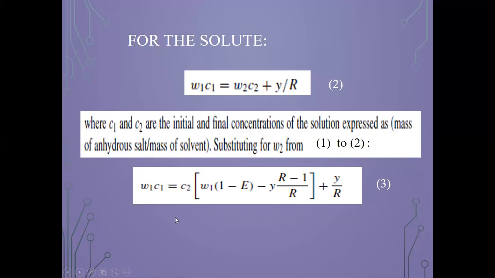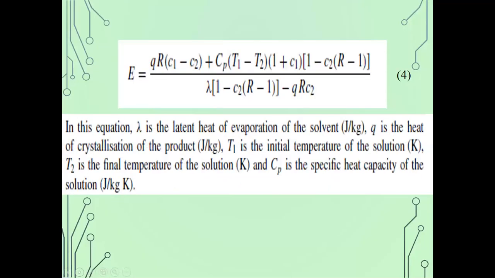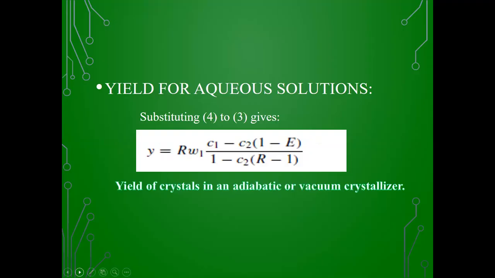The omega 2 derived from the solvent balance in equation 1 will be substituted into this equation of our solute balance, and it will give us this particular equation. If we solve this in terms of the yield Y, it would be something like this.